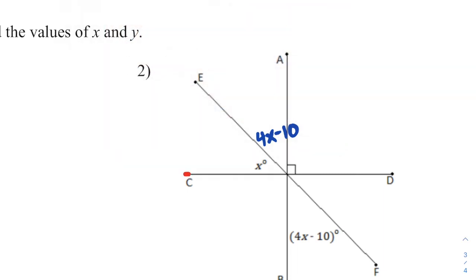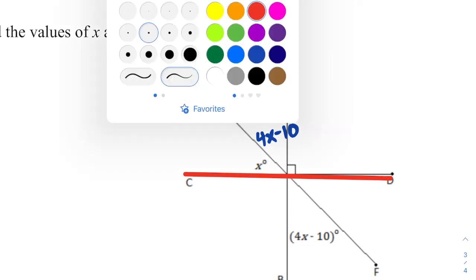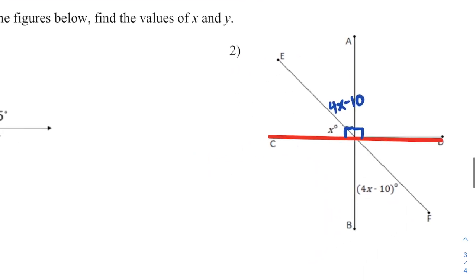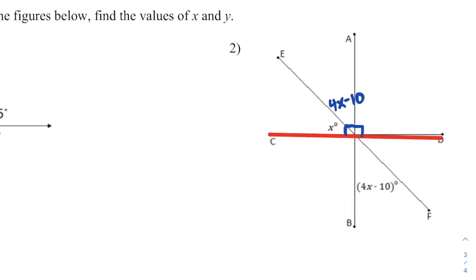Now at this point, I have a straight line. And the angles on a line add up to 180 degrees. Or another way I can look at this is if this is 90, then this over here has to be 90 degrees. So to do the least work possible, this angle and this angle have to add up to 90 degrees.